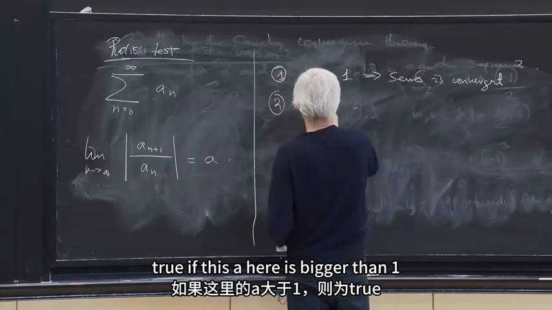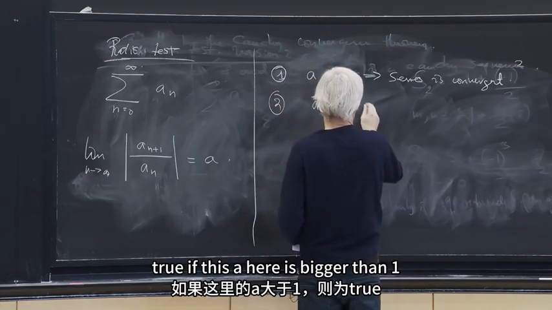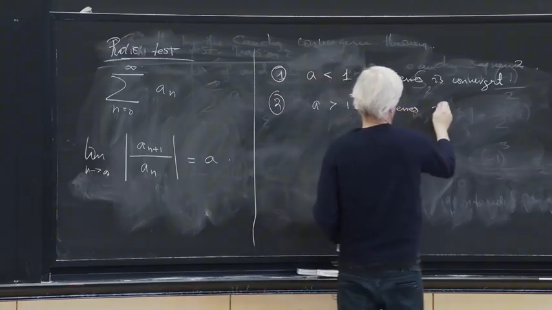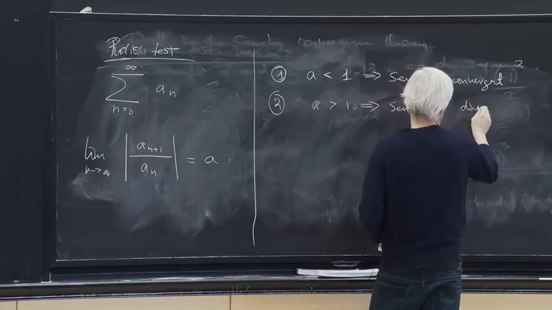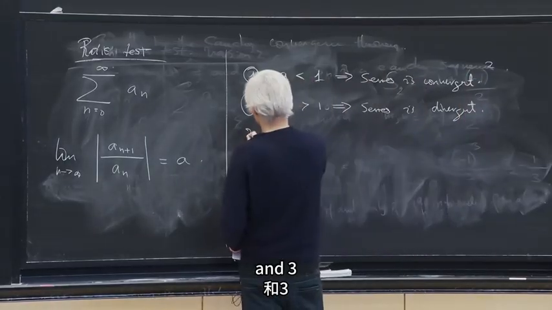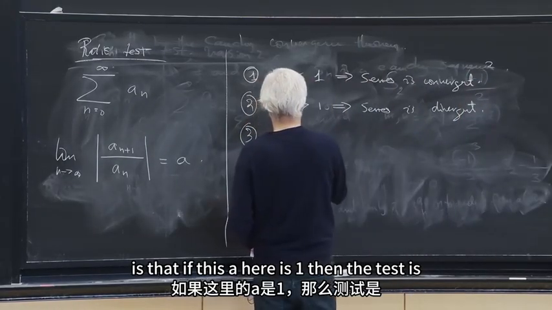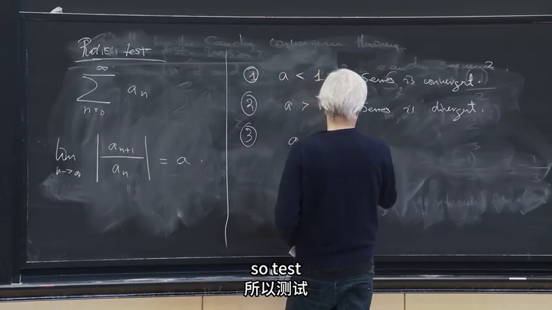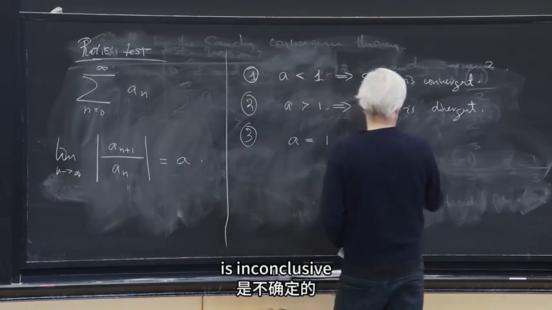If this a here is bigger than 1, this implies that the series is divergent. And three is that if this a here is 1, then the test is inconclusive.